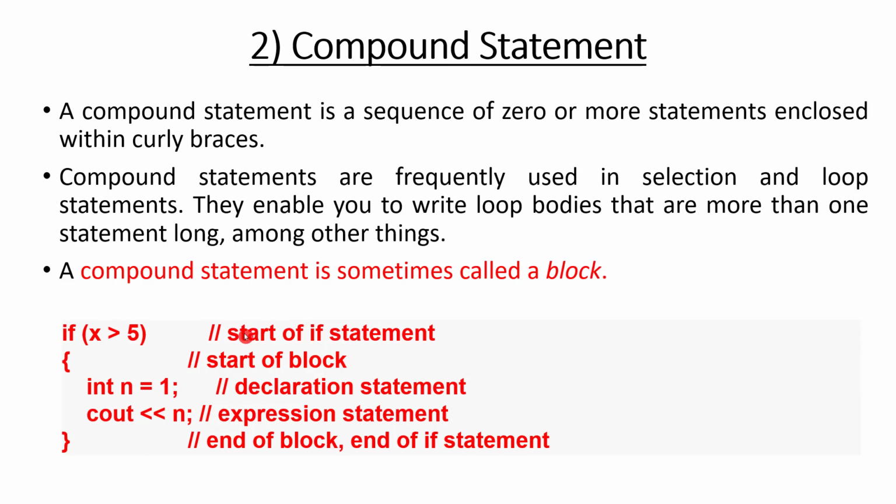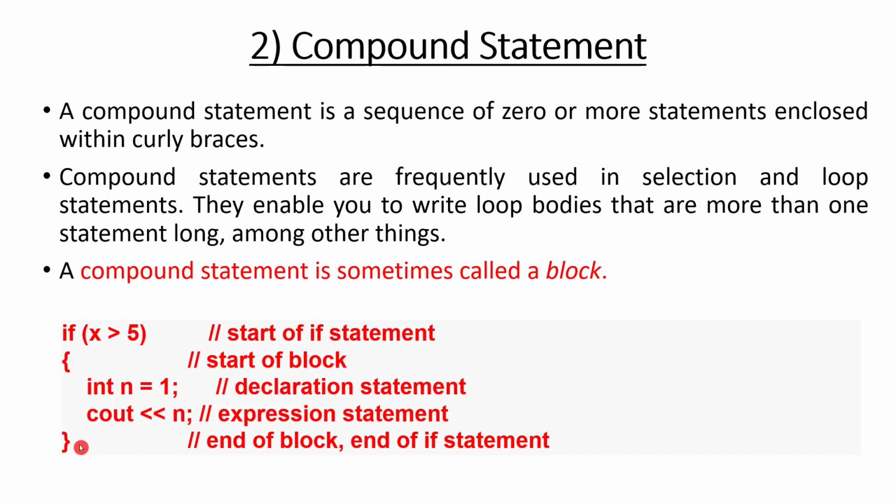You can see this problem. If x is greater than 5, this is the start of an if statement. Suppose the value of x given by you is 10, then this condition holds good and the control will go into the block. Otherwise, it will jump out.